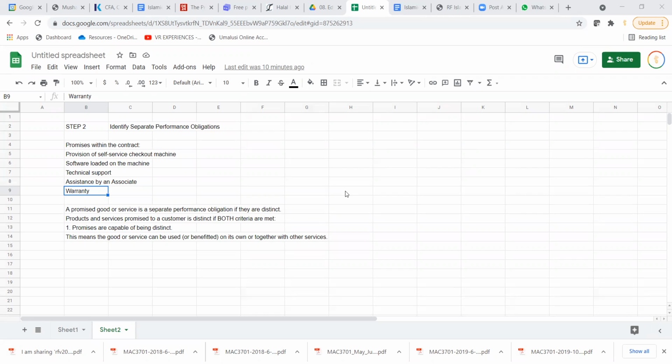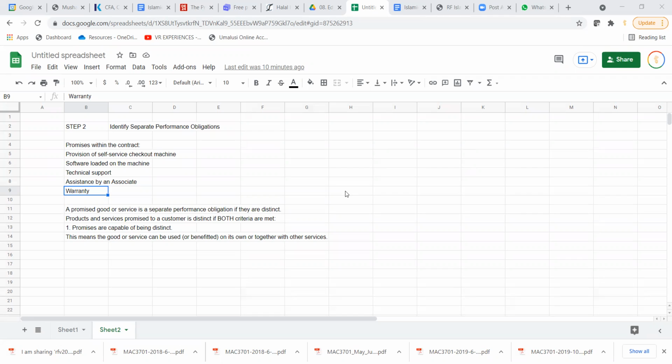If there's no additional value other than protecting the item, then the warranty is not a separate performance obligation. But when there are some additional benefits, there's exact guidance in IFRS to explain this.